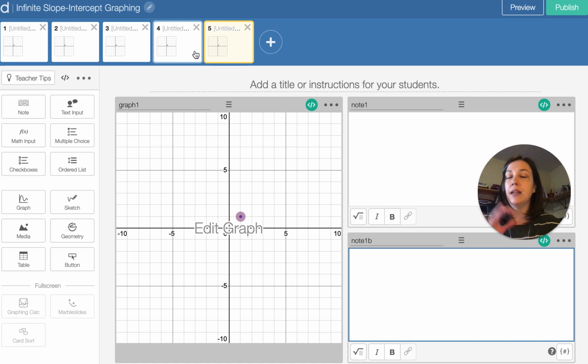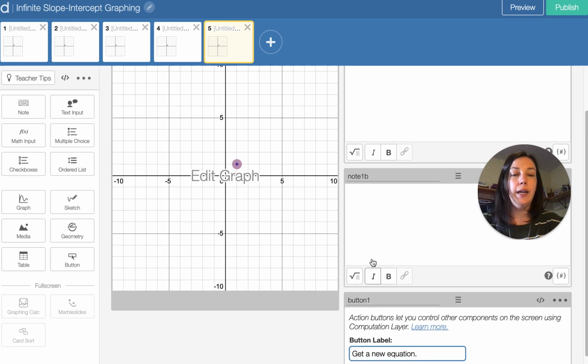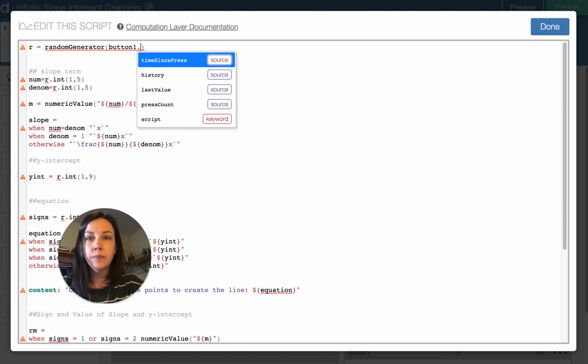Screen 5, I'm going to let them have a button where they could do one, check it. Click a button, do another one, check it. So they could sit on screen 5 literally forever. What do I want it to say on my button? Get a new equation. All right, now what you'll have to do, press count.